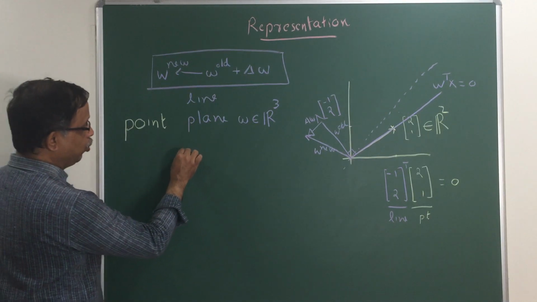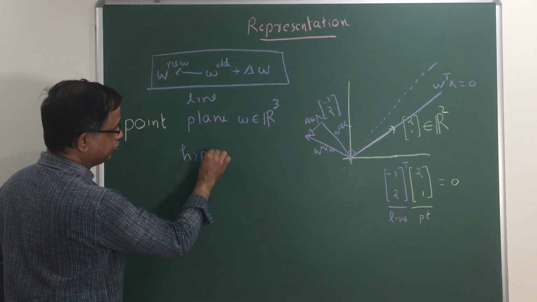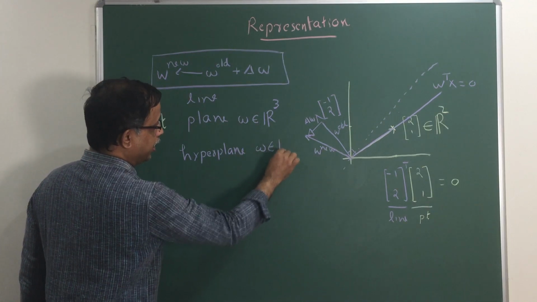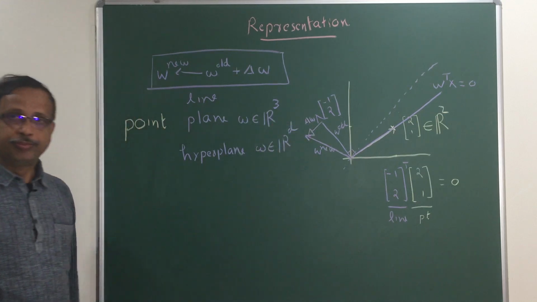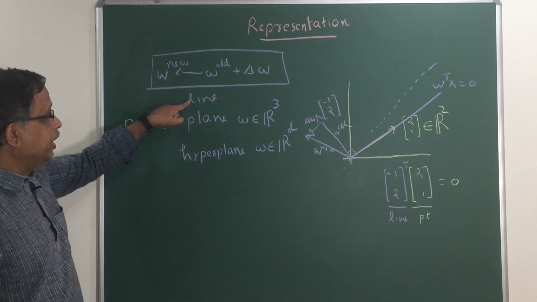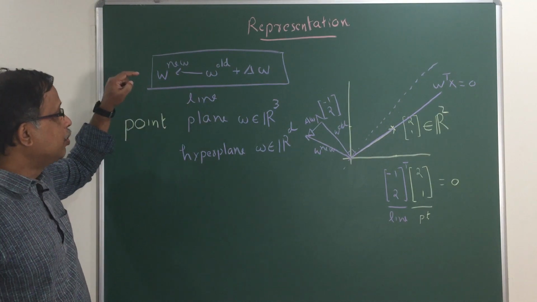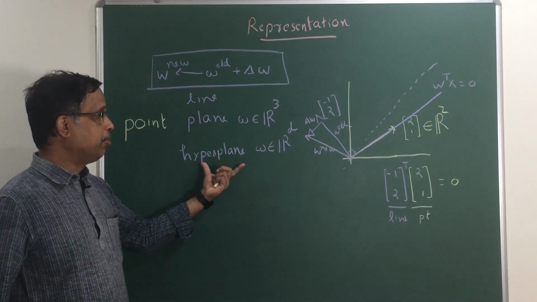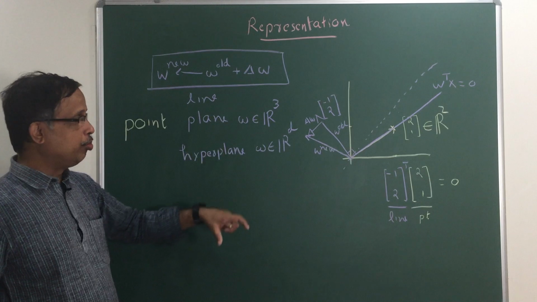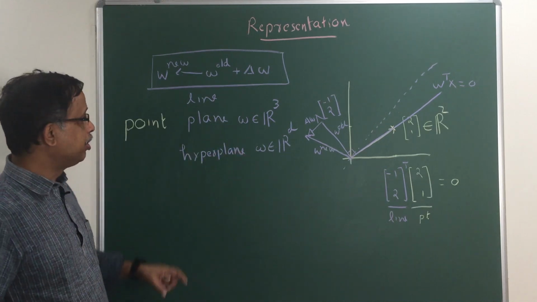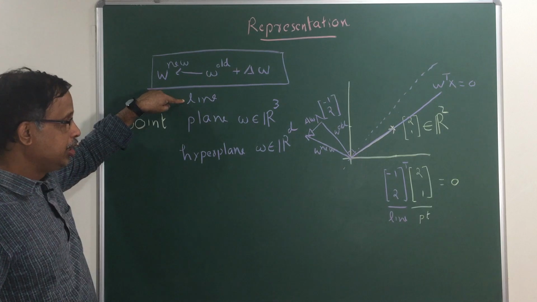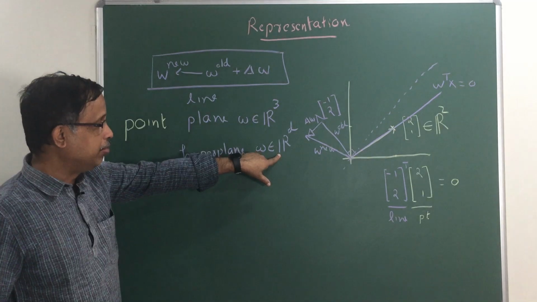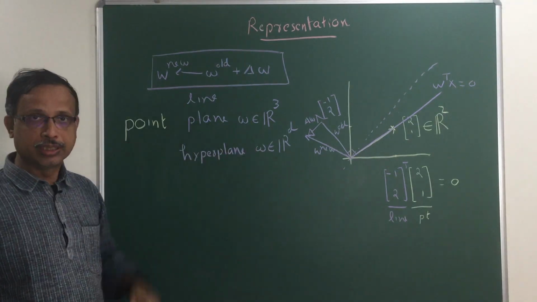Or it could be a hyperplane in a general d-dimensional space. So when we draw the line on the board, or when we use the word line and plane, in practice we imply it is a hyperplane in d dimension. To simplify the geometry and to draw on a piece of paper, we may be taking examples in 2D. But remember, in practice, we will be talking about a d-dimensional hyperplane, and a point in that space.